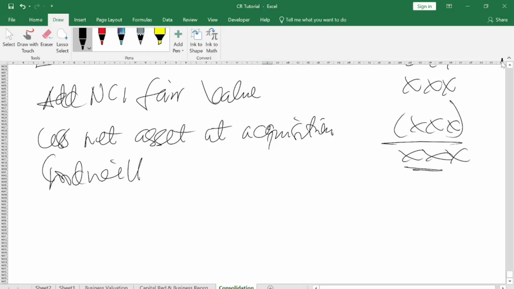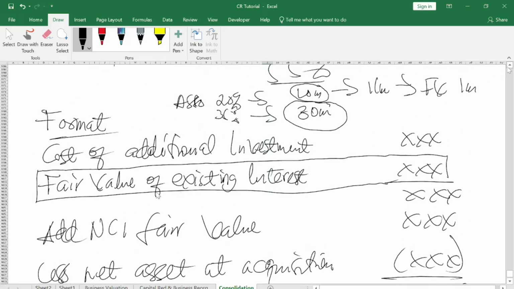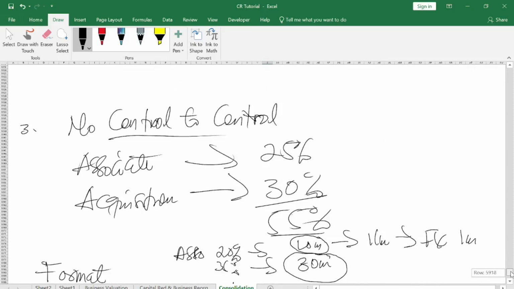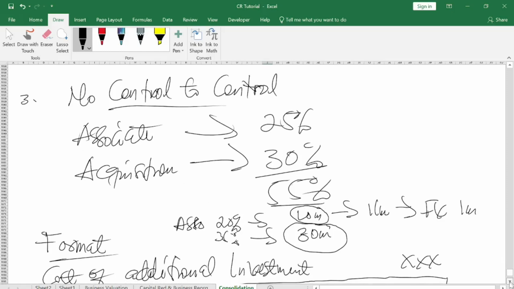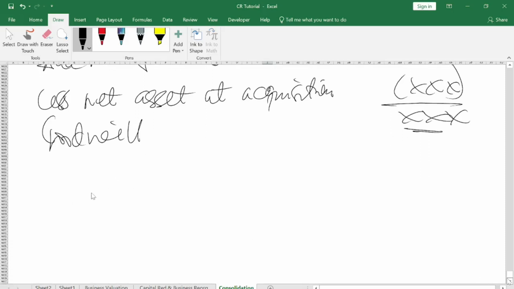Then when you come to no control to control, here the associate is acquiring the company. So it is like now you are coming to calculate your goodwill. That is all that I'm drawing your attention to. When we are doing the no control to control, it is like now the company is acquiring the company anew. So when you acquire a company, you know the format.